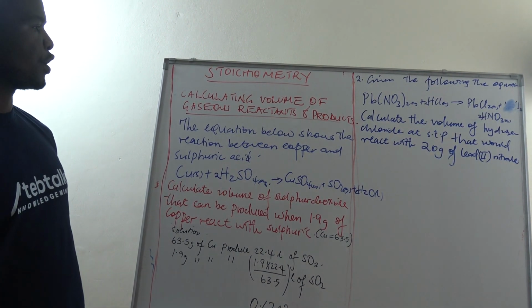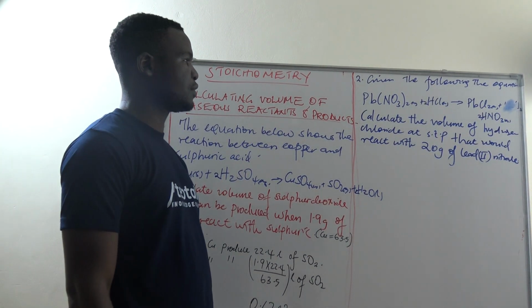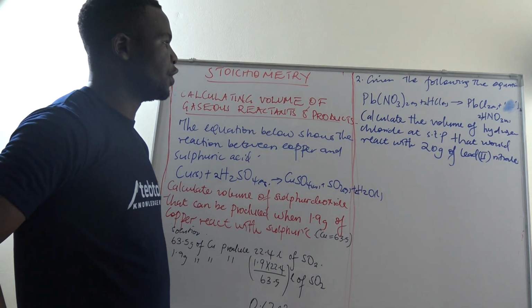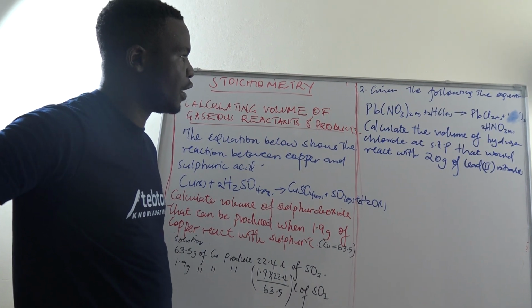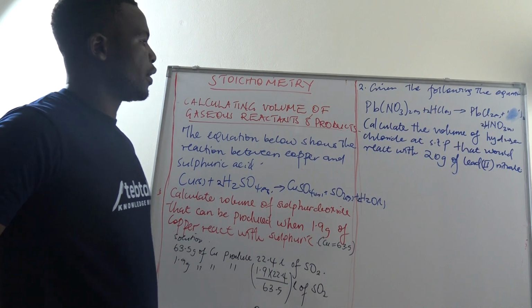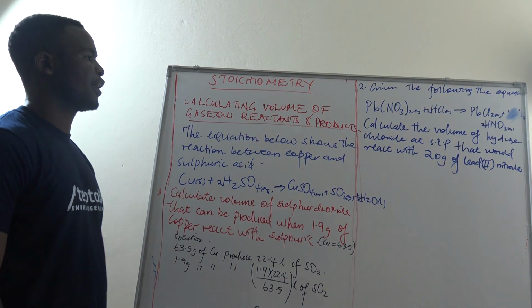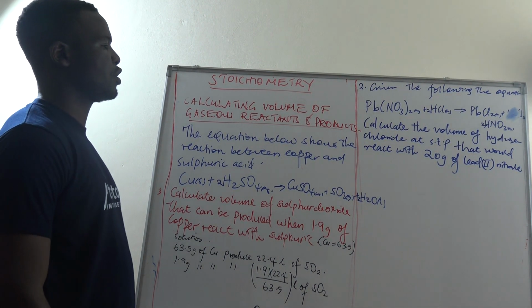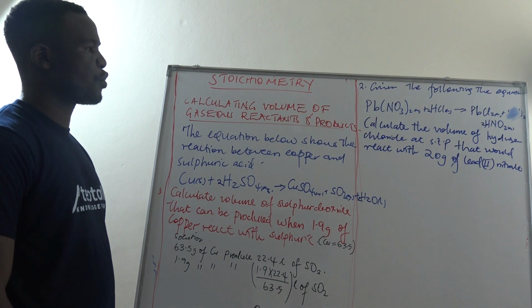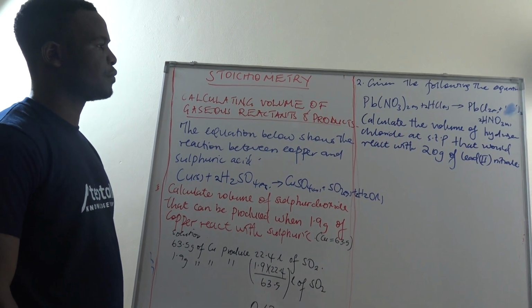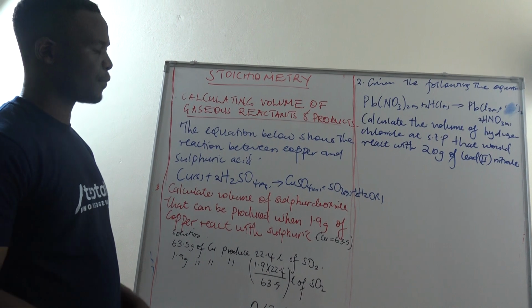That is our question. They want us to calculate the volume of hydrogen chloride at STP that would react with the 20 grams of lead 2 nitrate.